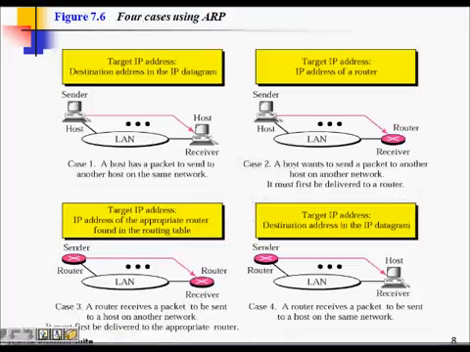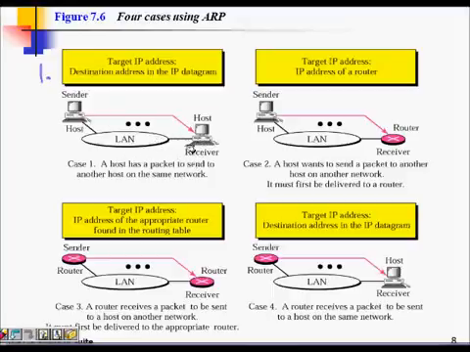Okay, so let's try to see this one. What are the cases for using ARP? Case 1: what is the target IP address? I am on a particular LAN, and the other host, the receiver to whom I want to send some frames, is also on the same LAN. I know his IP address, but I don't know his MAC address.